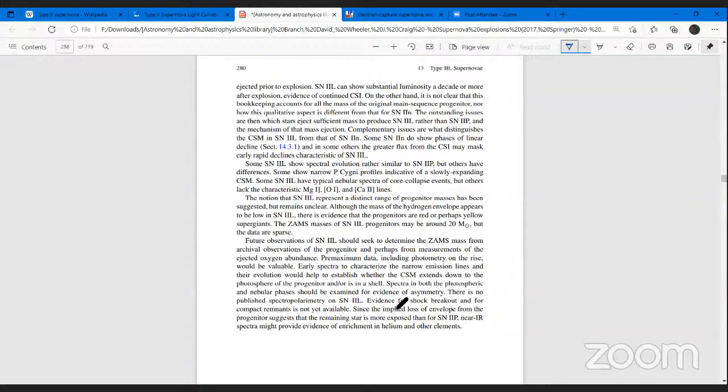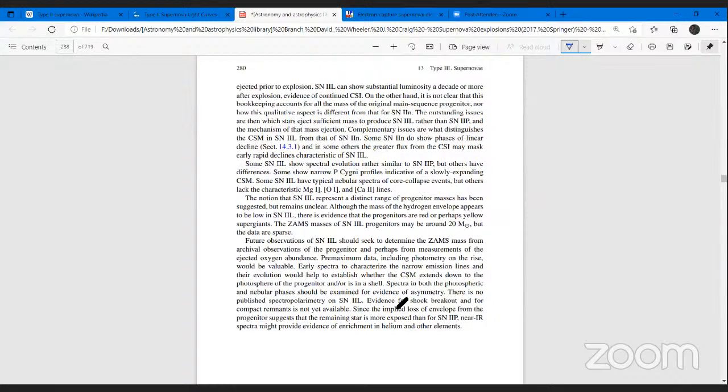Blue shifted means it signifies less expansion and more contraction. Some type 2L have typical nebular spectra of core collapse events, but others lack the characteristic magnesium, oxygen, calcium 2 spectral lines. The notion that type 2L represent a distinct range of progenitor masses has been suggested but remains unclear.